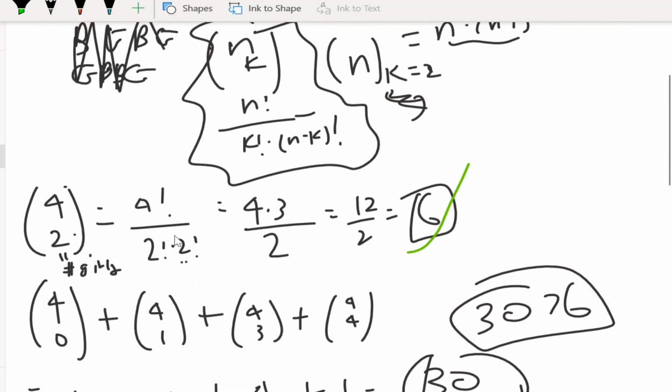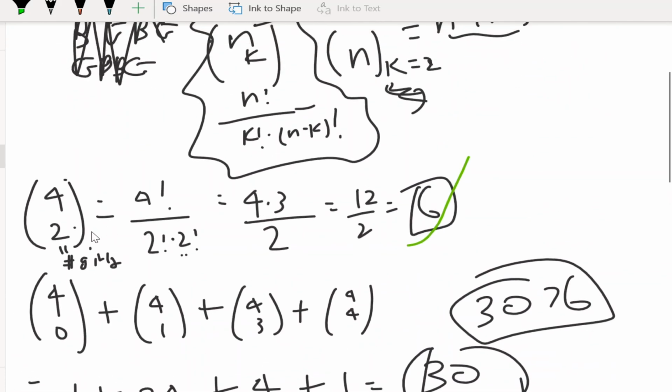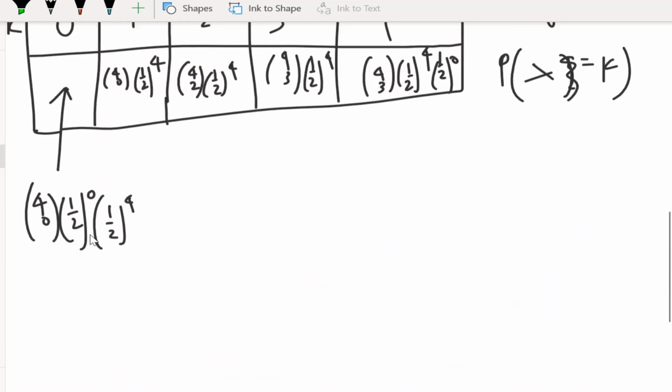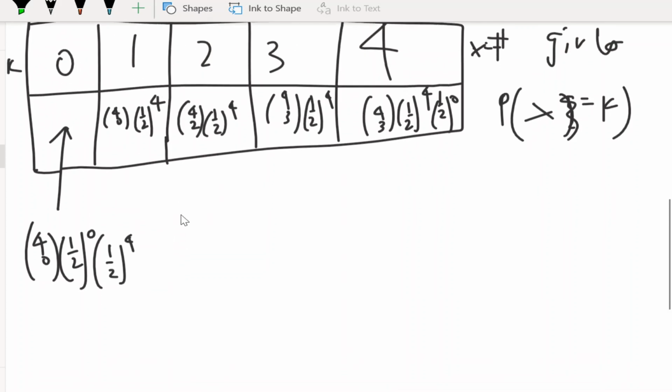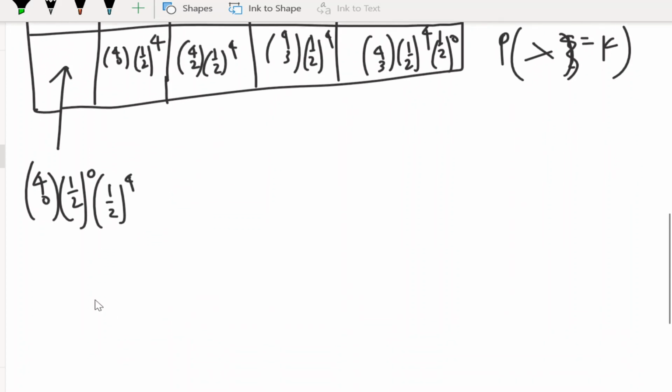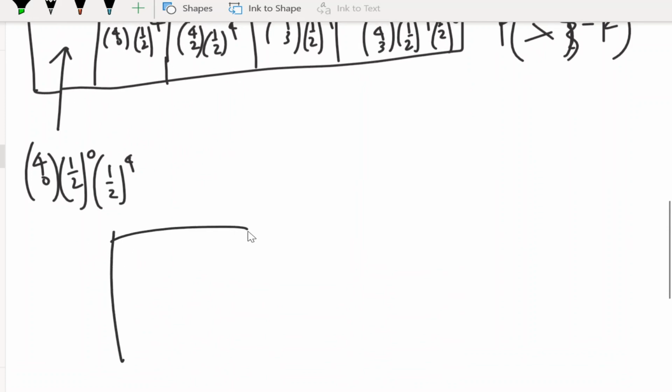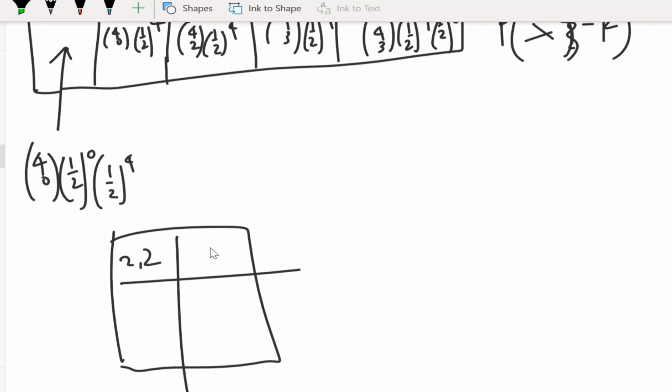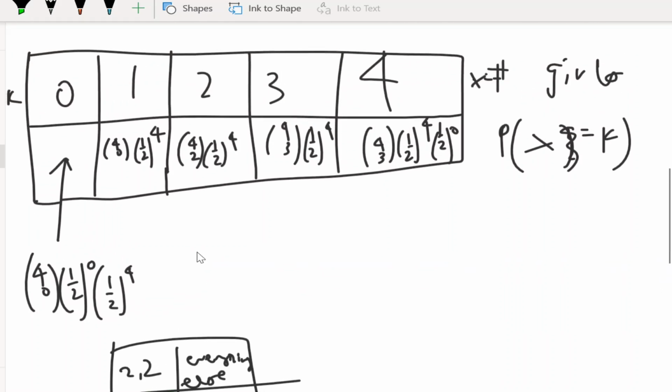However, if they mean the frequencies of an equal number of boys and girls versus not an equal number, then it's pretty simple. We can just do 2, 2 and everything else, where 2, 2 is 2 boys, 2 girls.